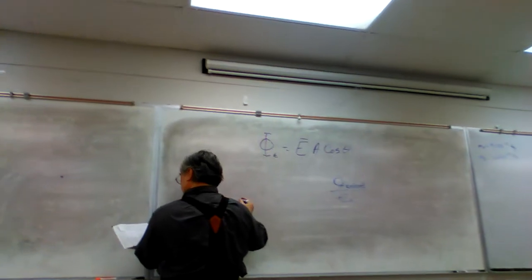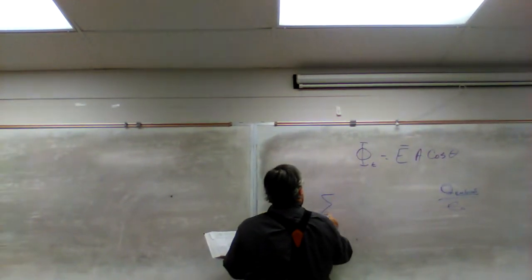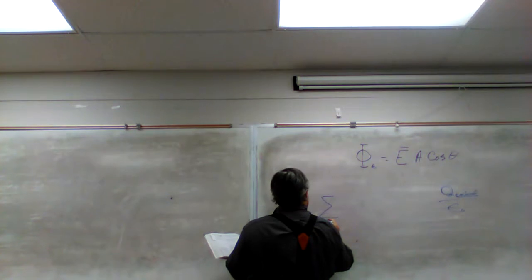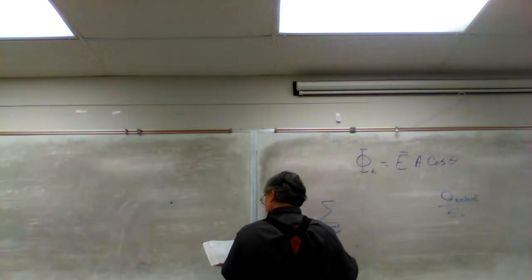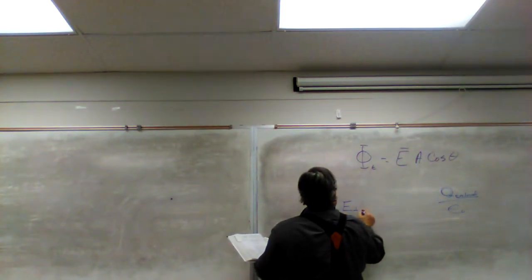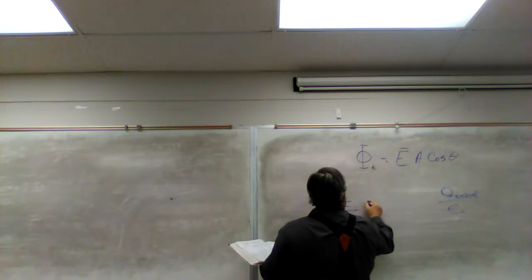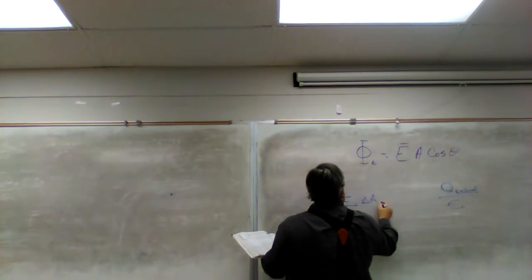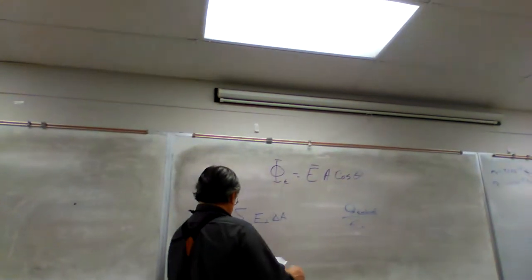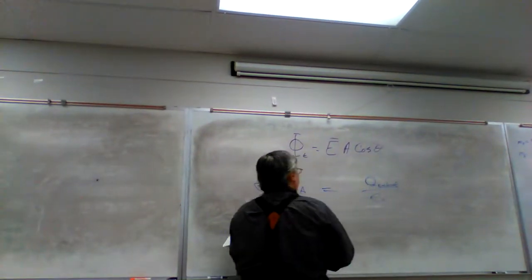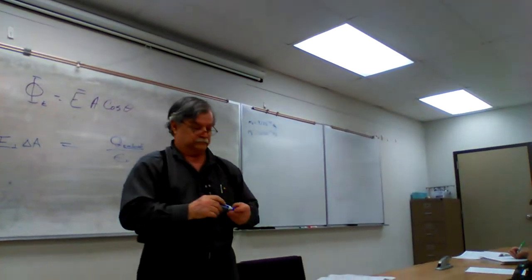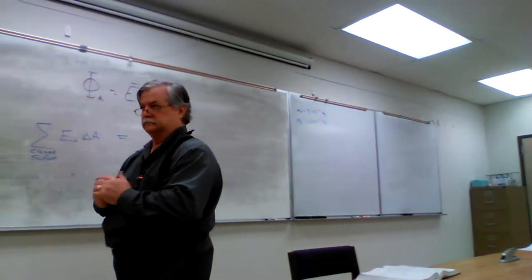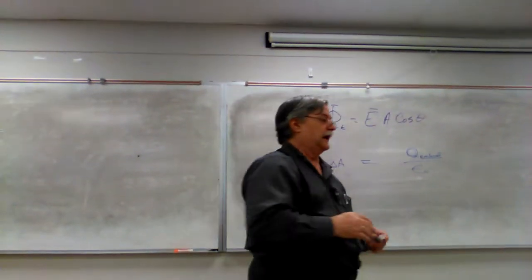The book writes it out as the summation over a closed surface of the perpendicular component of electric field times the small increments of area will equal the charge enclosed divided by epsilon sub naught. That is Gauss's law.